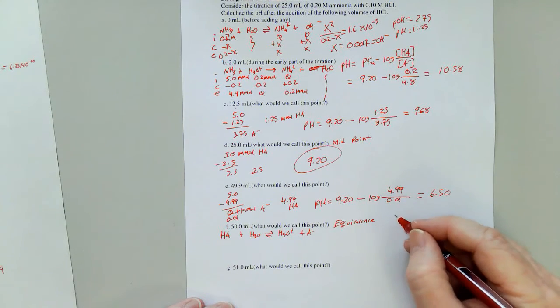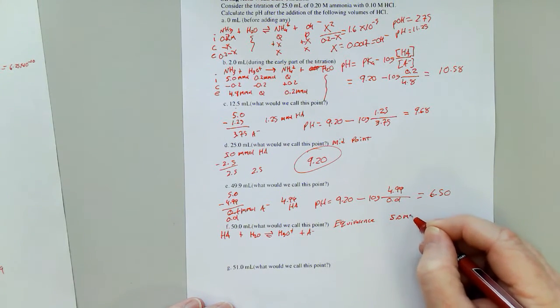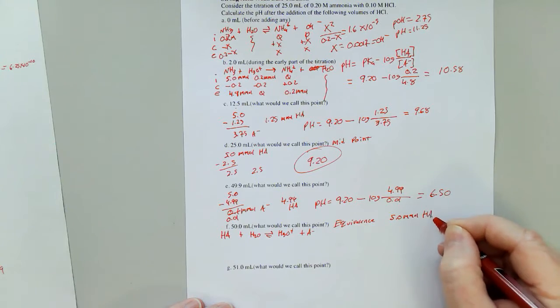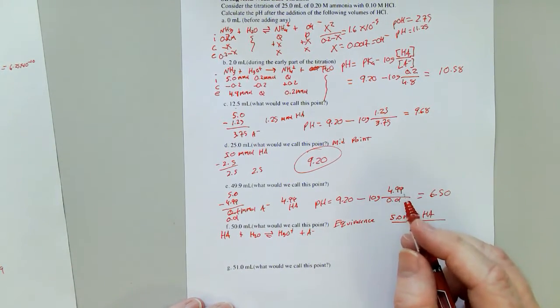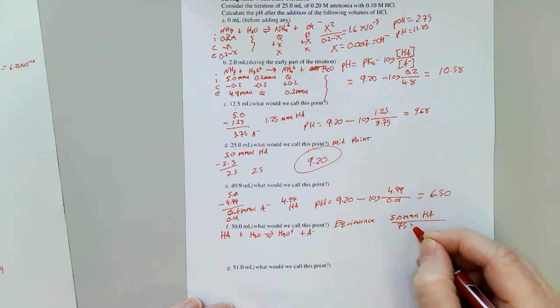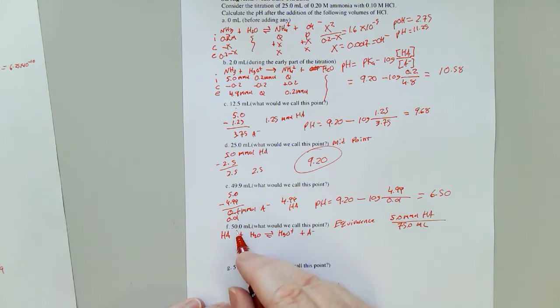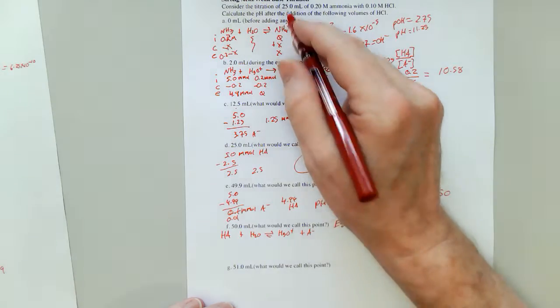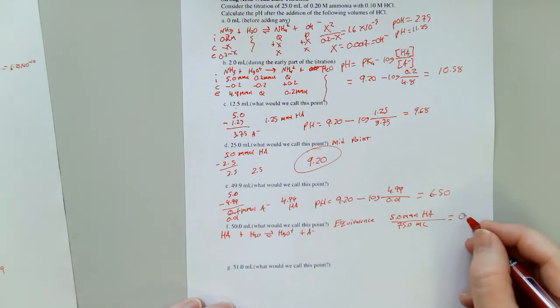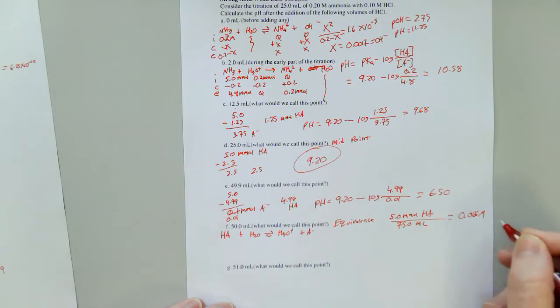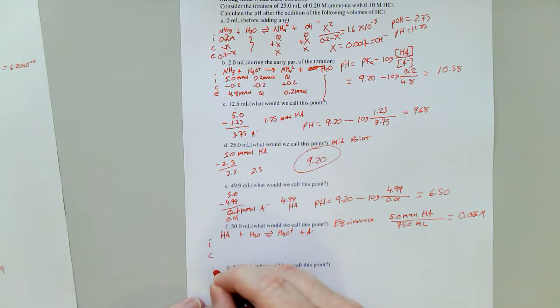Now how much? Well, I've got 5.0 millimoles of HA divided by a volume of, and in this case it's 75 milliliters. The 50 milliliters I've added plus the 25 milliliters I start with, and that ends up equaling 0.066 molar.